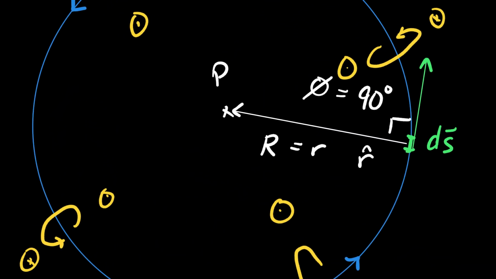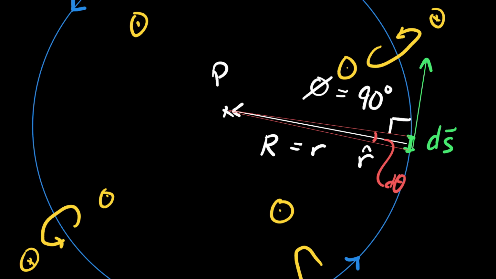If I was to blow this up a little bit and consider that there's this side of the angle and this side of the angle, this right in here would be d theta. Does that make sense to everybody? Okay.